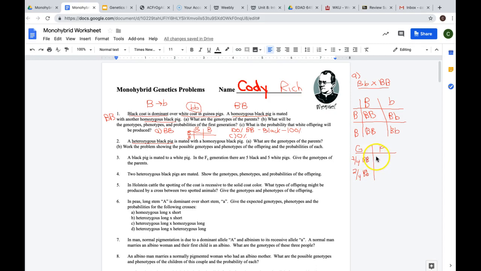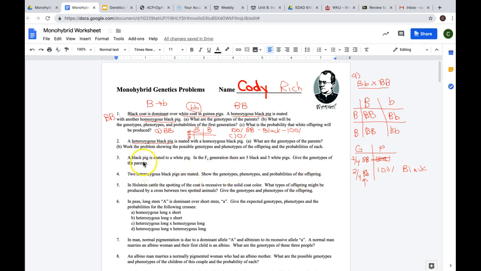So we have 50% or 2/4. Well, actually, sorry, 100% black. How do I know that? Because even though it has a recessive allele, it has one dominant, which masks the recessive.